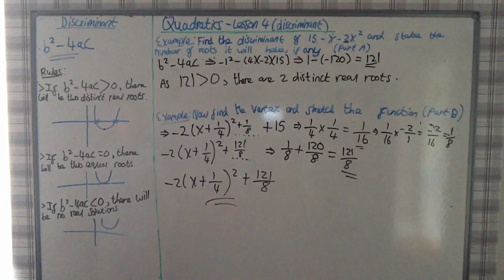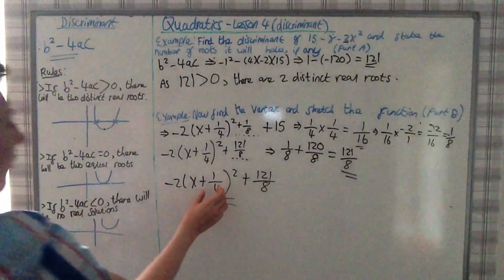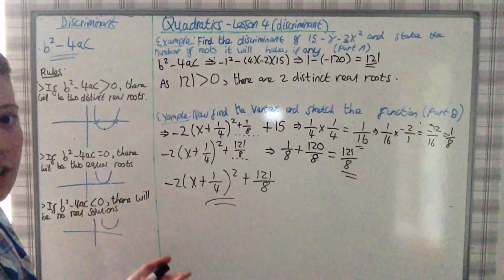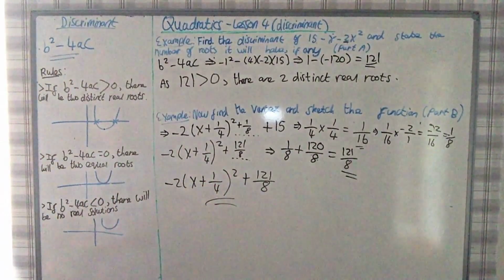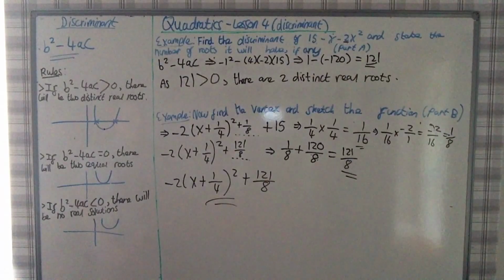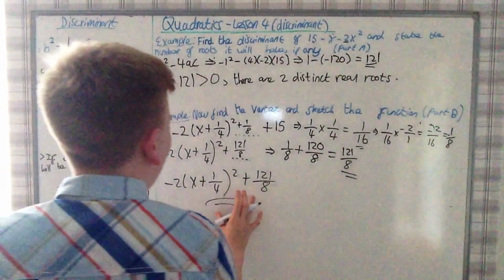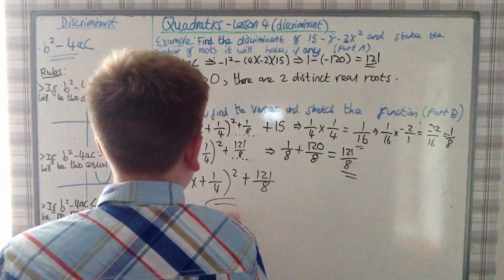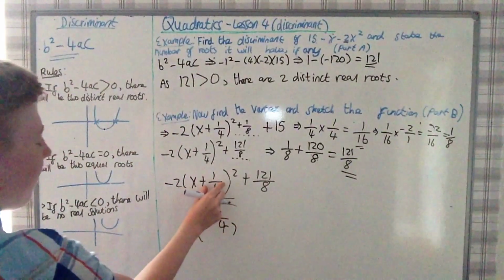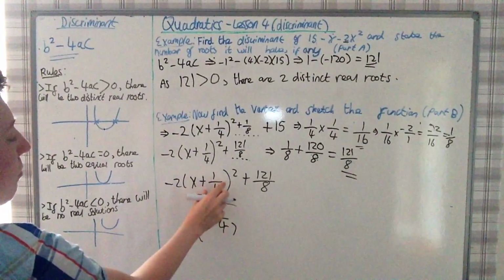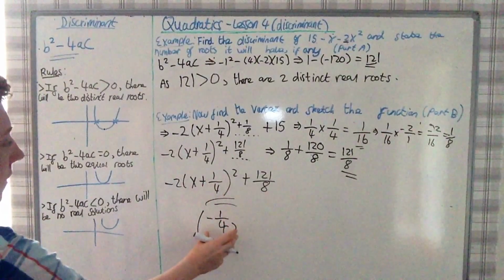If you think back to transformations of curves, if a value inside the brackets is a positive, then that will actually mean it moves left by that value. And if it's negative, it would move right by that value. So the vertex of this curve is simply minus a quarter. We take the negative of what is inside the brackets. If this was minus a quarter, it would become positive a quarter.